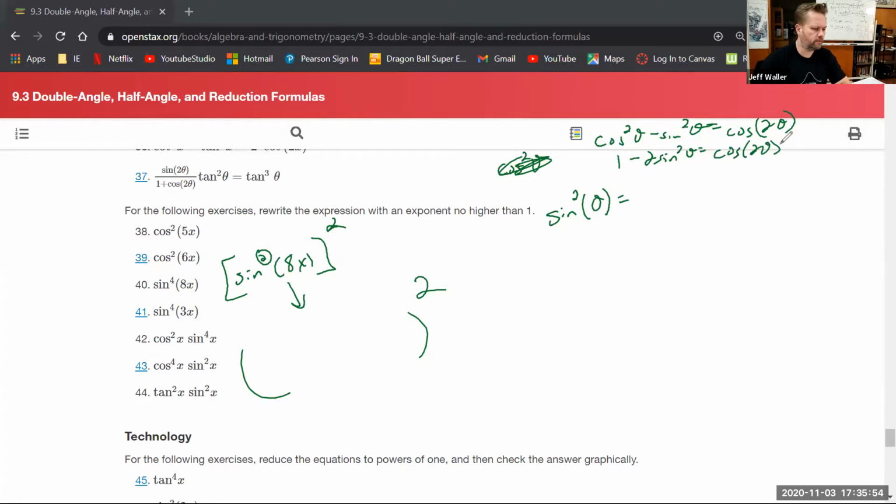That's another one. Is everybody with me, sort of? Remember the cosine double angle has 3 options, right? Because I can rewrite cosine squared as 1 minus sine squared. So I get a couple of sine squareds then. So if I solve this for sine squared, I'll get, you can do it, Jeff, 1 minus cosine 2 theta over 2.